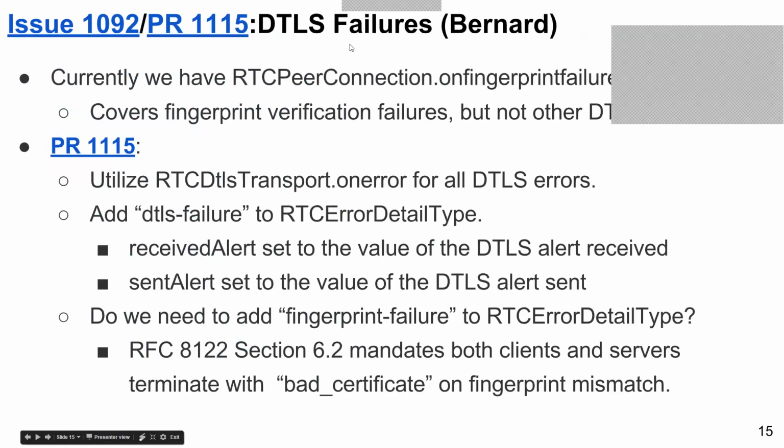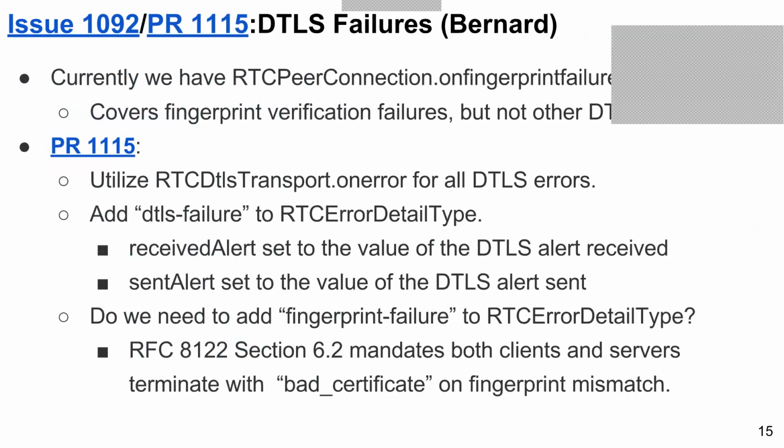Currently, we have RTCPeerConnection.onfingerprintfailure, which covers fingerprint verification failures, but doesn't cover other DTLS errors. And then we have PR 1115. The proposal in that one is to utilize RTCDtlsTransport.onerror, so have an onerror event handler for the DTLS transport that will cover all DTLS errors.